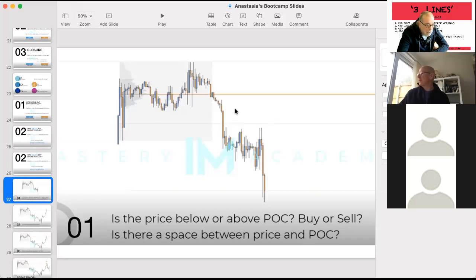But Anastasia's teaching is it's broken through, it's come away, get into the trade. It's slightly contradictory because she does say if your price gets into consolidation, get out at the first opportunity. That's one of her mantras. Even if you get out with a small loss, just get out. So I'm not 100% clear how she would deal with that situation.